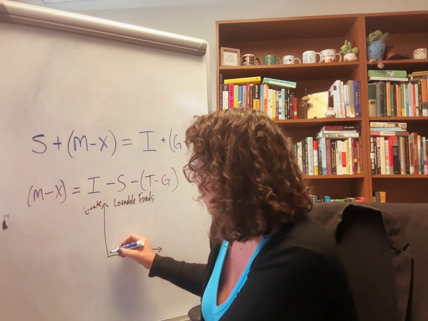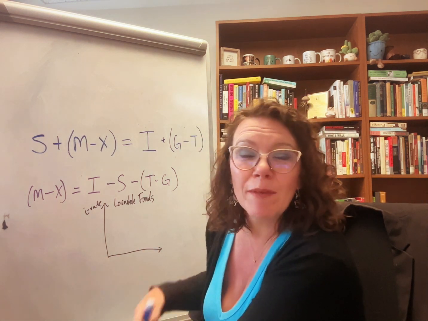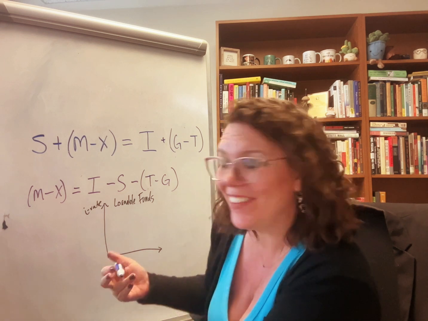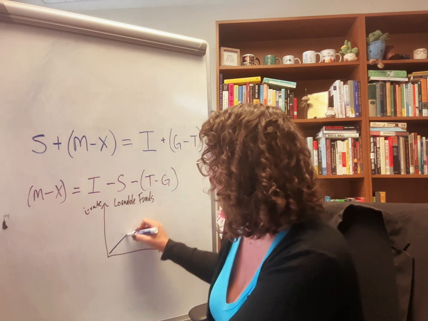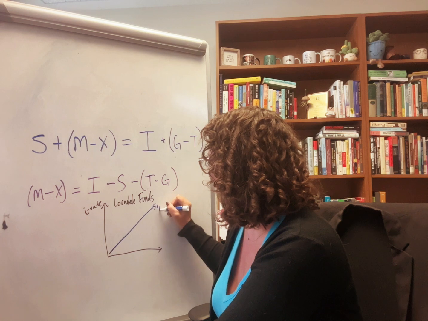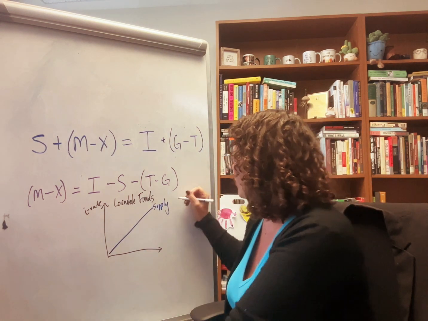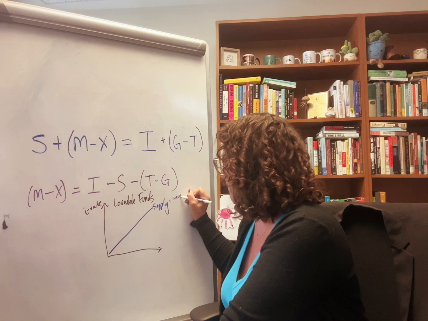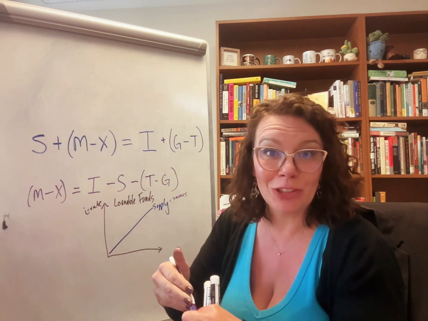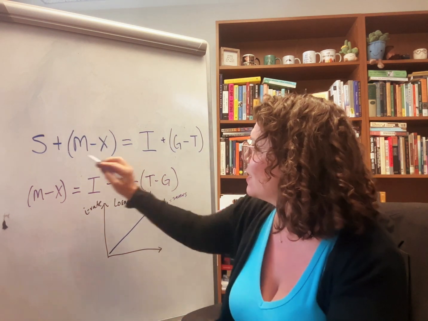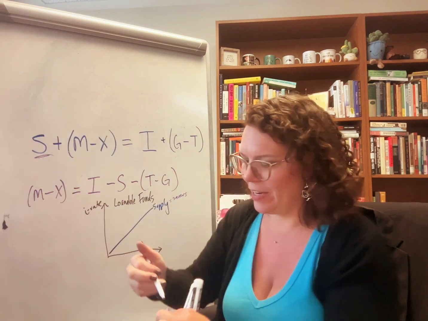So if I want to save money, I'm going to be more inclined to put my money in a bank account if interest rates are high. So we're going to have an upward sloping supply, and that's going to be people who are savers putting their money into that account. So that's going to be this S right here.